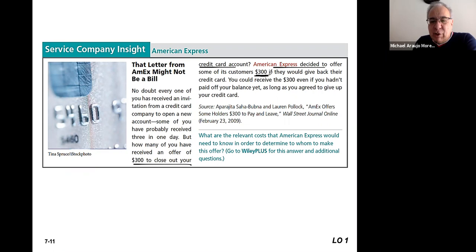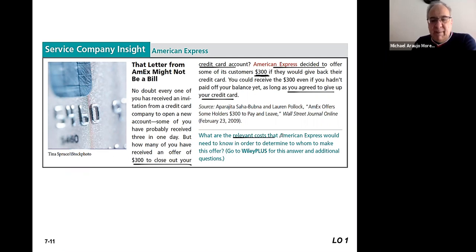Why would they make a decision to do something like this? As long as you agreed to give up your credit card, they would give you the $300. Well, they had to decide based on their goal here, that they wanted to purge certain types of customers perhaps that were costing them money to service that wasn't worth it.